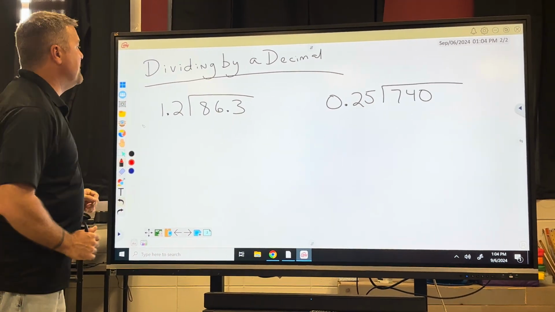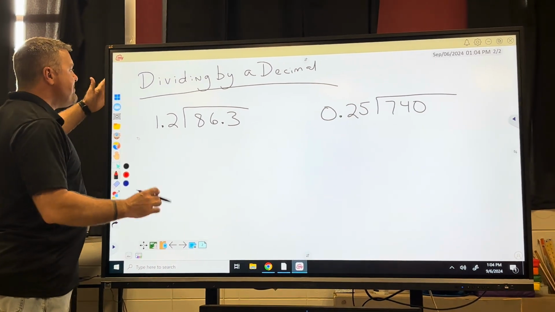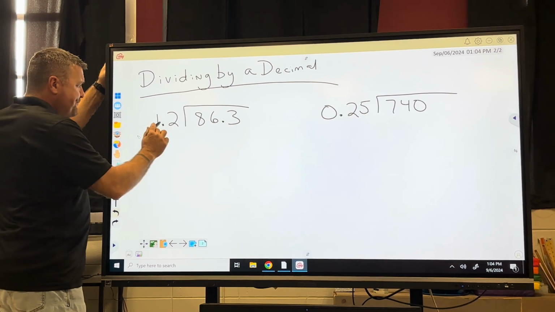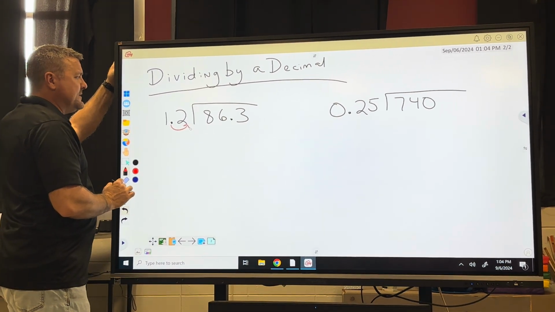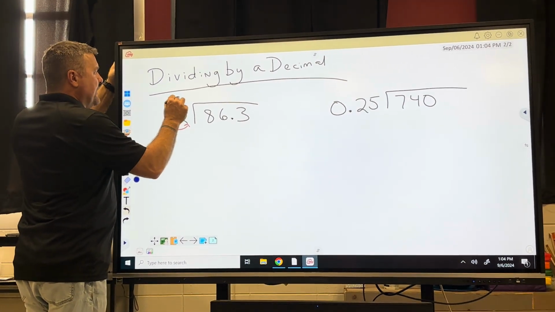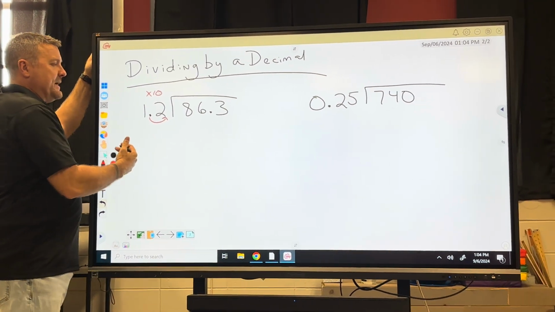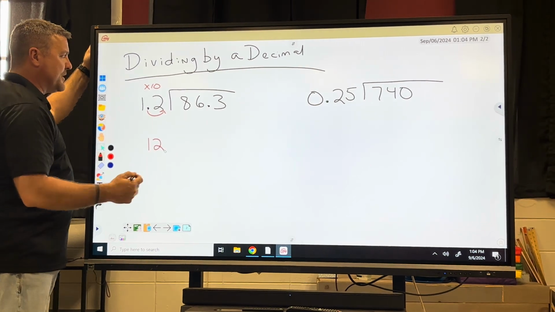So what we've got to do is change all of these problems and change all these numbers, okay? This 1.2, this 1 2/10, I'm actually going to move that decimal over one place to make it a whole number. Really what I'm doing is I'm just multiplying it by 10. When I multiply that decimal by 10, that allows me to move my decimal over one place, and now it becomes a 12.